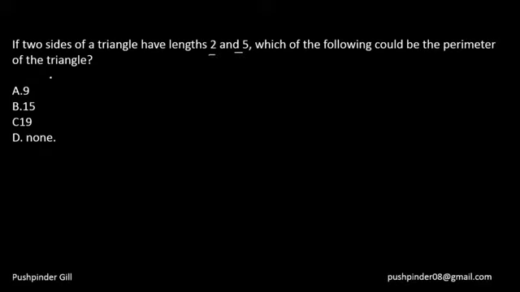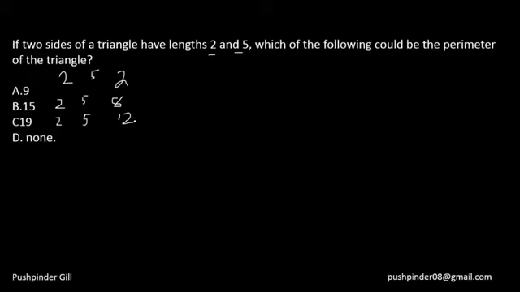So if 9 is the perimeter, one side is 2 and one side is 5, the other side would be 2. Similarly, if 15 is the perimeter, one side is 2 and one side is 5, and the other side would be 8. Similarly, one side is 2 and one side is 5 and the other side would be 12.